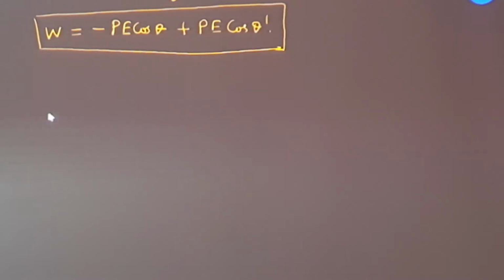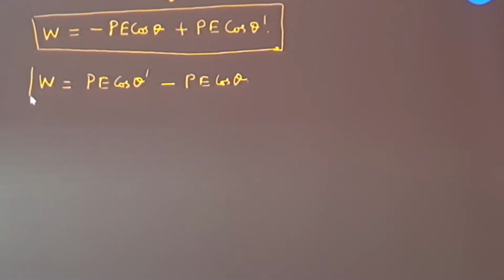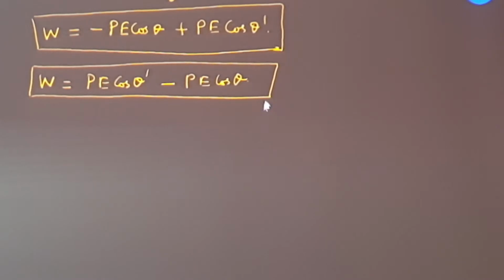The work done W is equal to PE cos theta dash minus PE cos theta. Or we can also write W equal to PE, taking PE common, cos theta dash minus cos theta.